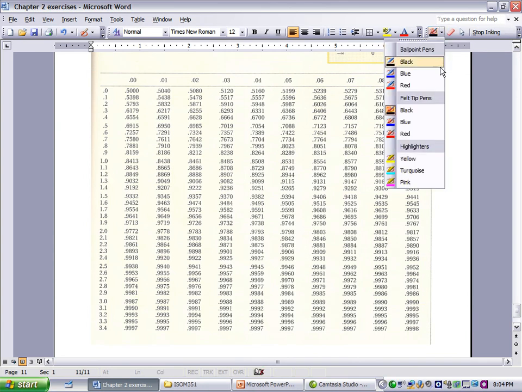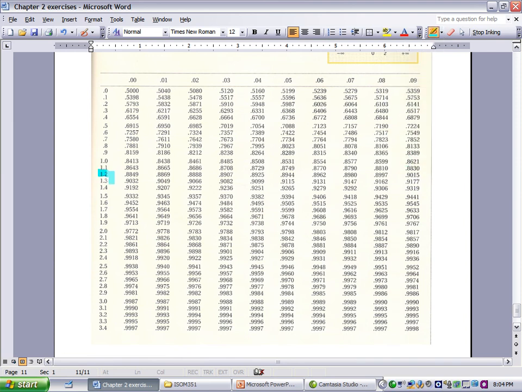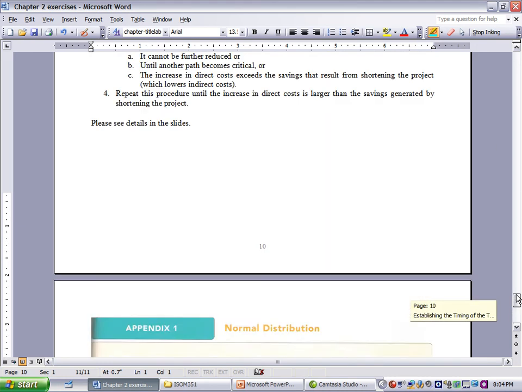Let me highlight it. 1.2 is here, 8 is here, so 1.28 is about 0.8997. So we go back.